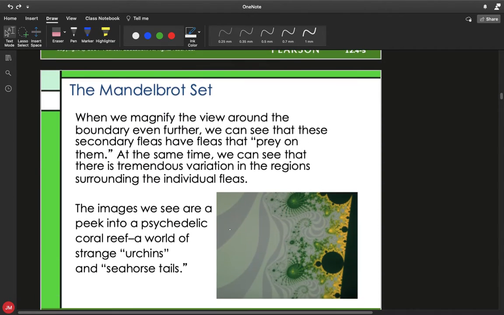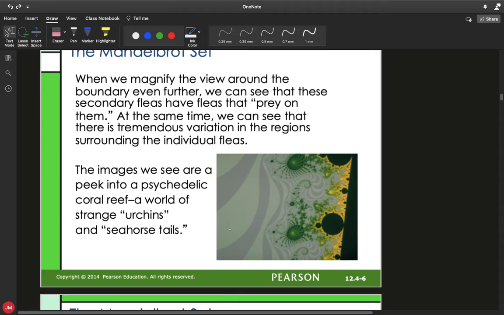Now, as we continue to zoom in, so here is another image zoomed in even further, we can see that there's even more of these fleas, if you will, that are preying on the larger image. And we can see that there's a lot of variation. Notice that around the edges we have these interesting pictures and images which surround the fleas themselves.